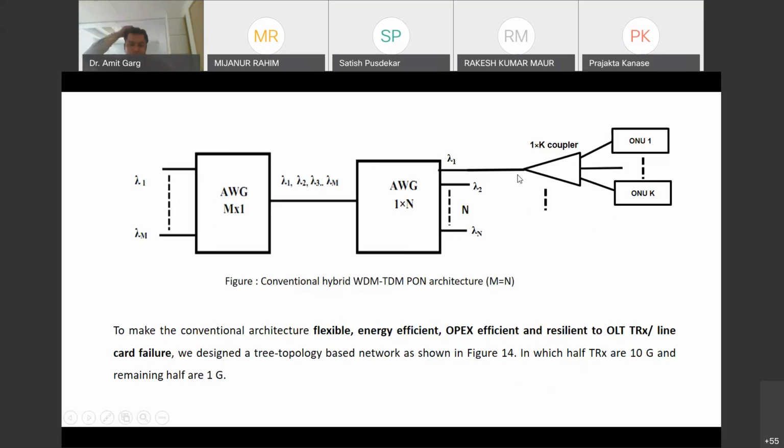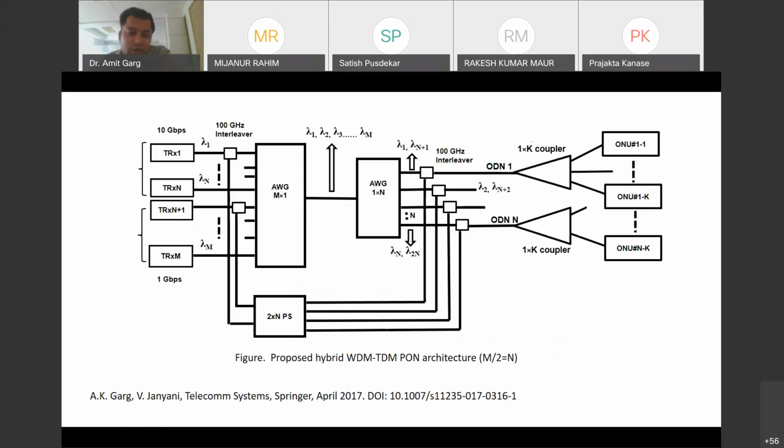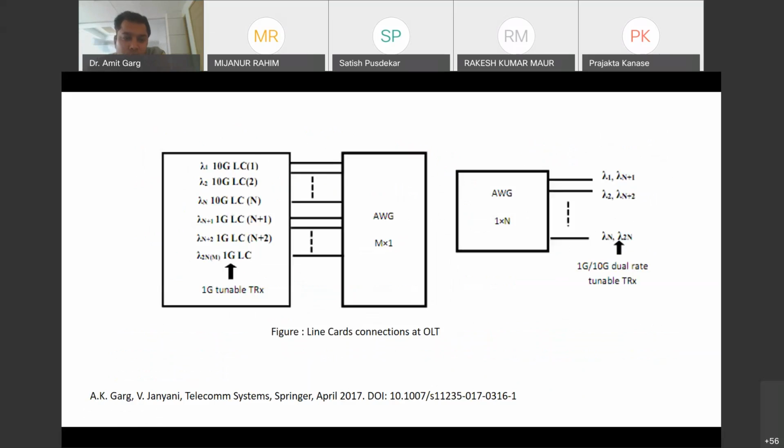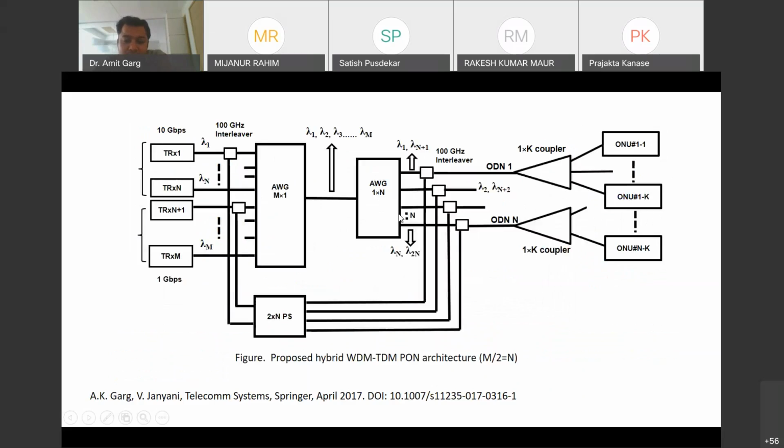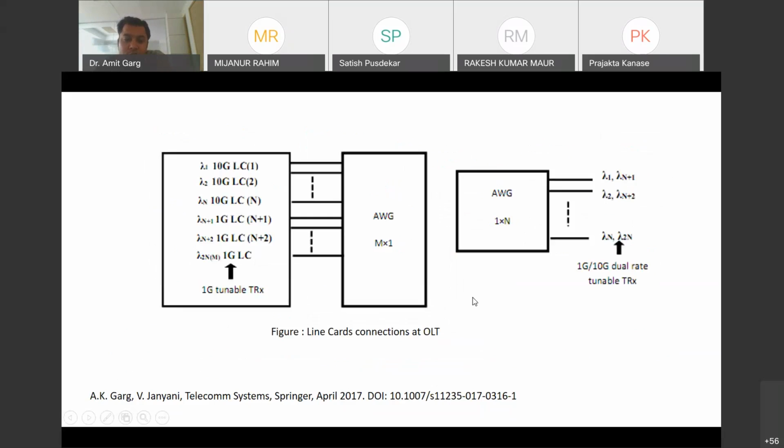But suppose now we want to transmit the data at dual rate, then what can we do? This must be the structure in that case. For that case, m by 2 must be equal to n. We must fulfill this condition. So in this case, let's say there are 8 transmitters.